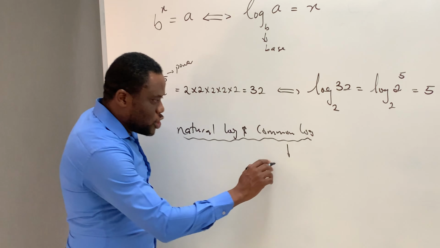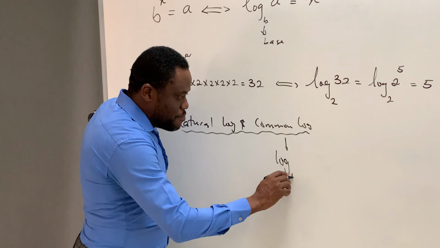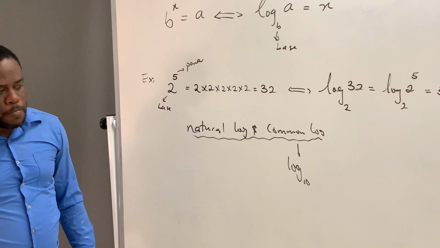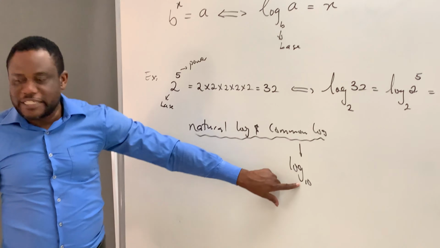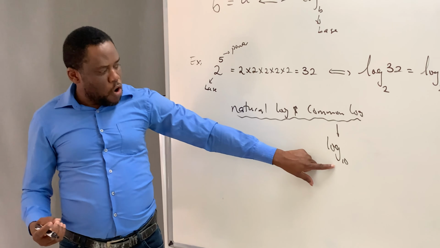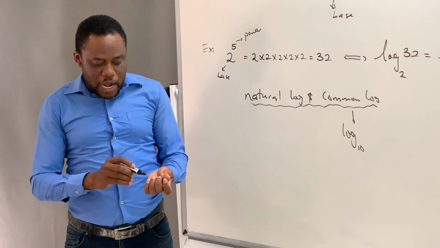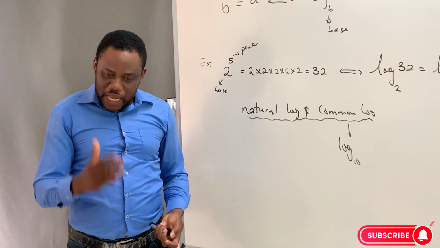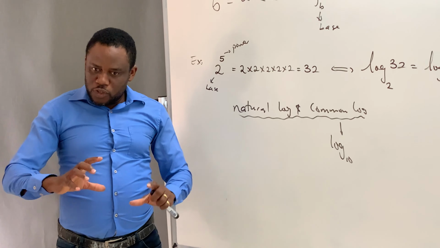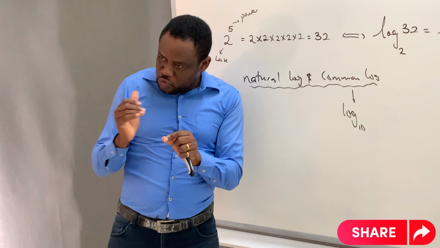If you say log in base 10, log in base 10 is common log, because base 10, you know, when you are counting numbers, you get to 9 before you can write any other numbers; it comes from the digits from 0 to 9, right?